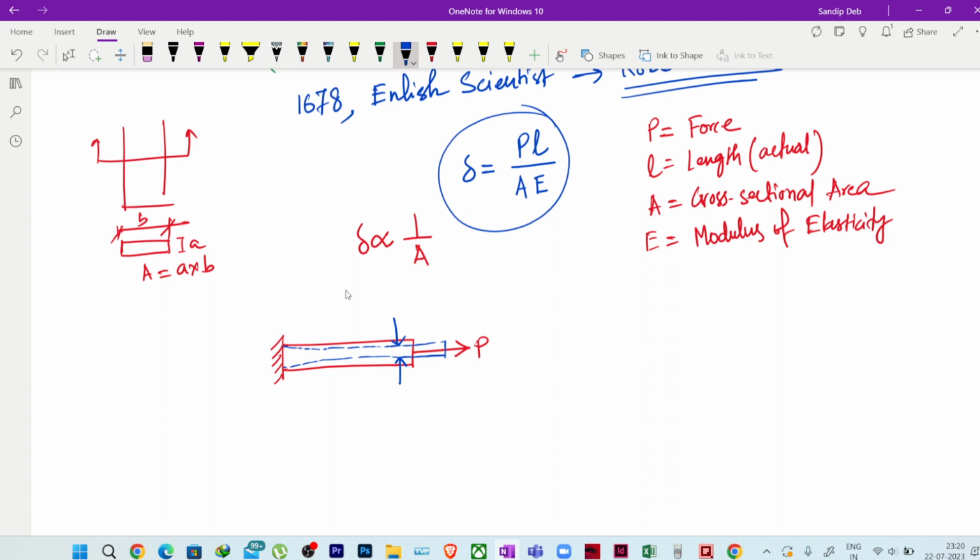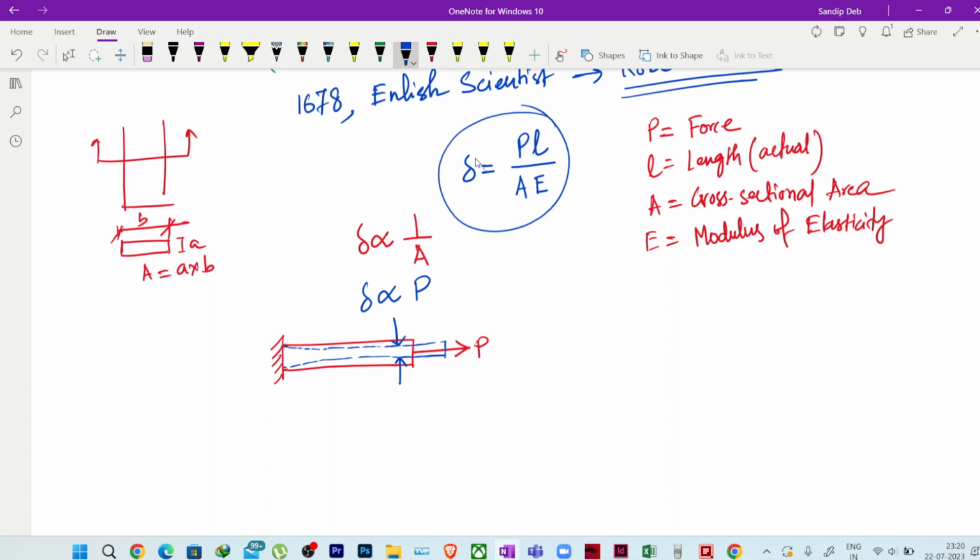One, delta is proportional to the applied force P. Delta is inversely proportional to the cross-sectional area of the bar or object, and also inversely proportional to the modulus of elasticity.